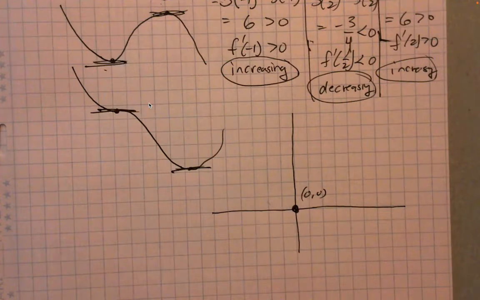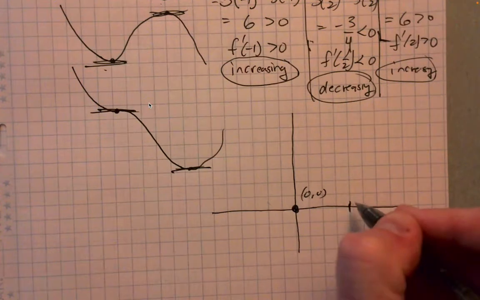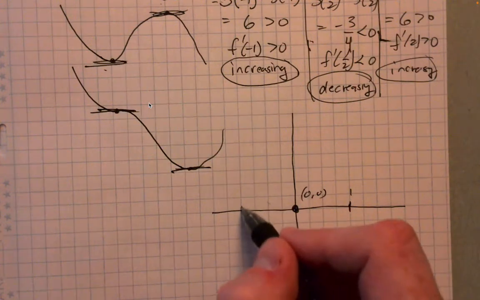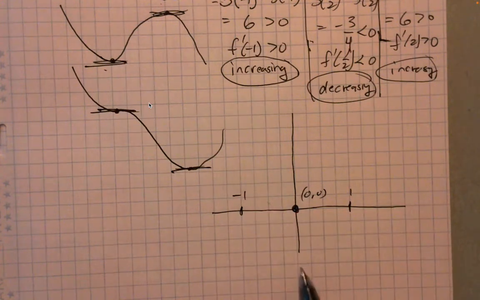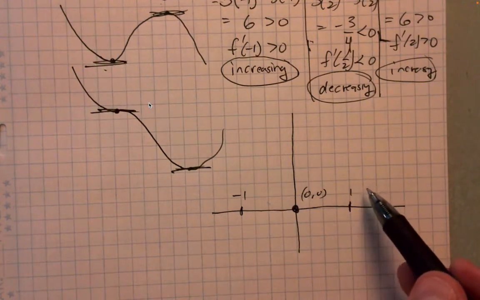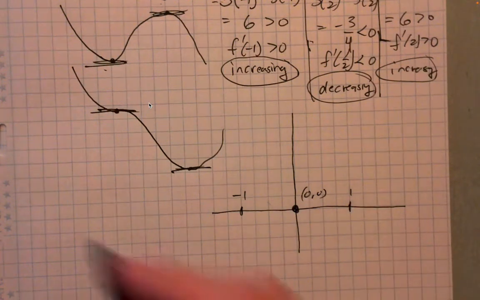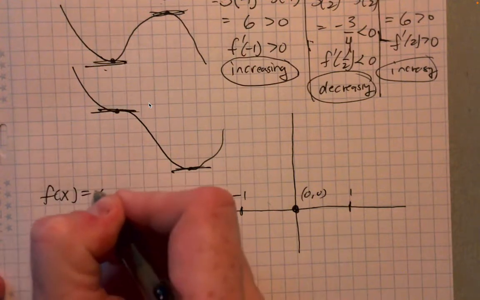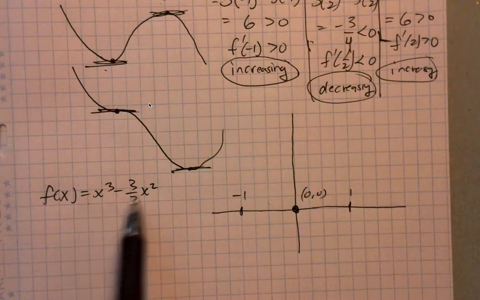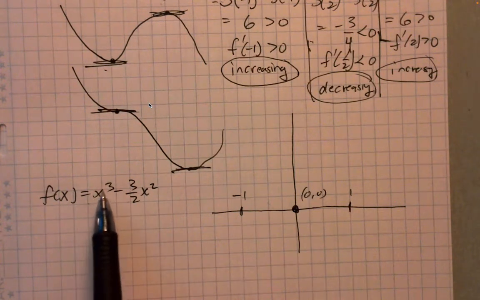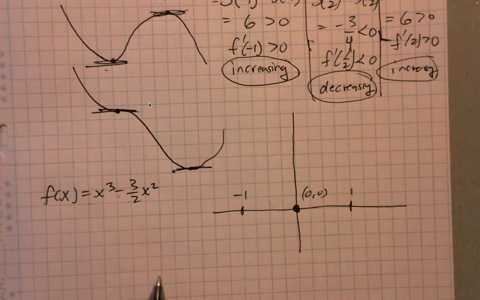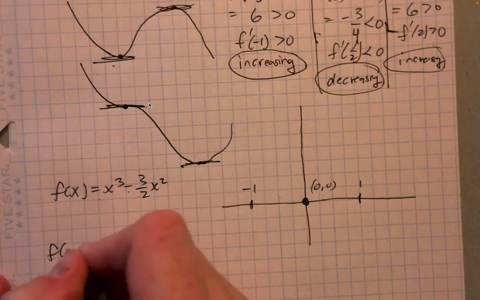And then we'll put this as 1, and this will be -1. And so then if you plug -1 into the function, remember the function is f of x equals x cubed minus 3/2 x squared. So if you plug in a -1 here, then what do you get? You get, let's see, f of -1, I guess.